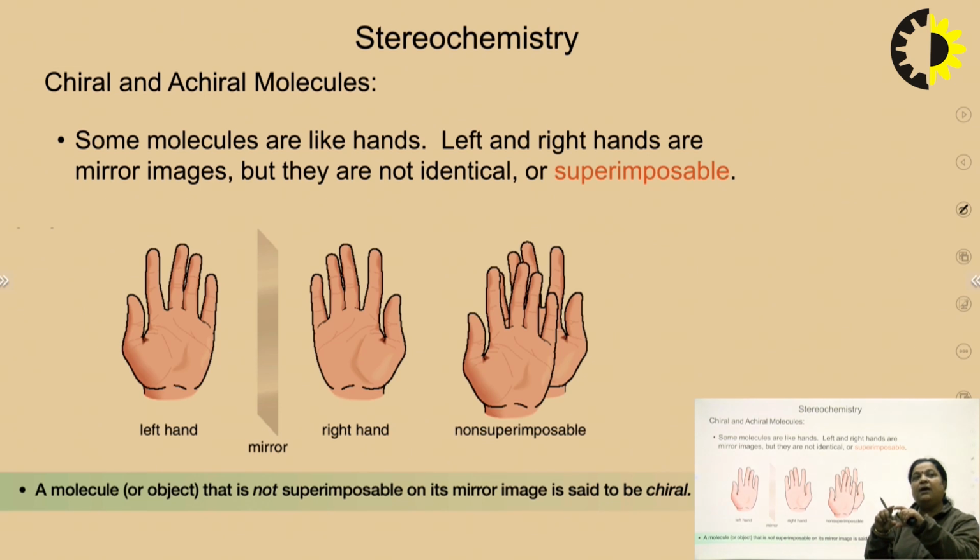So this is achiral. But for chiral, if we take a left hand and check its mirror image, it looks like a right hand, but if we put the left hand on the right hand, we get different images. So this is called a non-superimposable mirror image. So if a compound shows a non-superimposable mirror image, then it will be chiral.